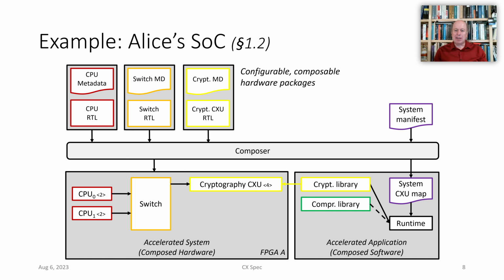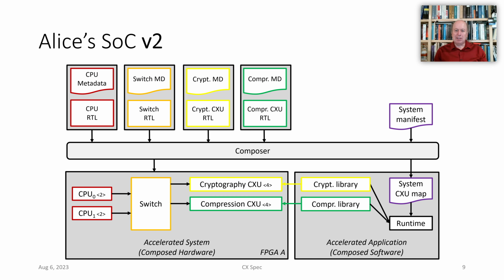Alice's software application includes a crypt library and a compression library. The crypt library uses the CX runtime to discover that the cryptography extension is available, and so it uses the custom cryptography instructions that issue into the crypt CXU.